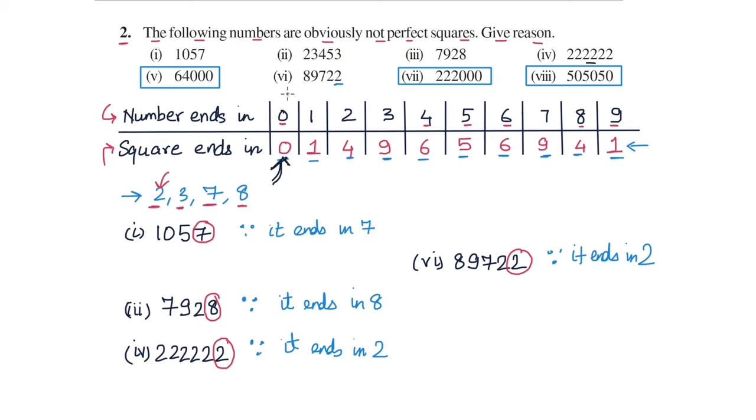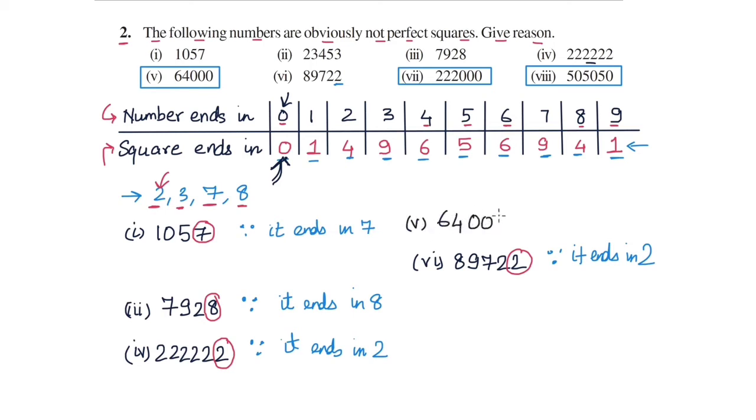With the use of the table, we can also see that numbers ending with 0 can have 0 at their unit place in their square. Then the main question is, what is the reason that these three numbers are not perfect squares? Well, to answer this question, we have to look at how many zeros are there at the end of these numbers.